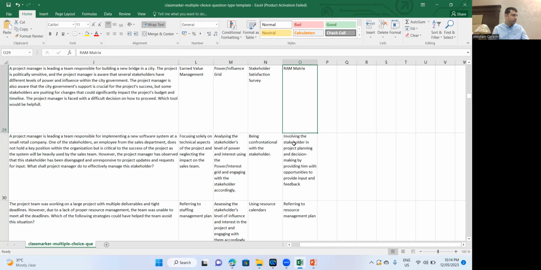So I need a data or tool. He has to understand their power and influence, and then he has to devise their communication strategy with them. How he will be communicating now with them, based on their power and influence, understanding that, and then he will be devising communication strategy.